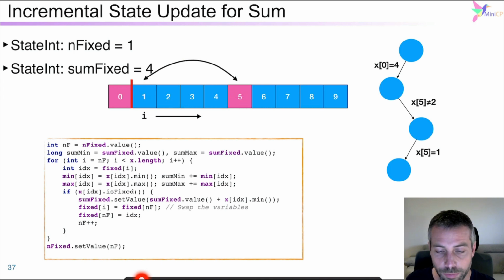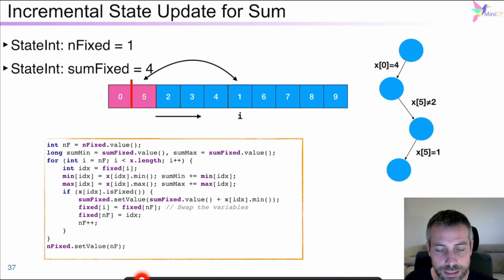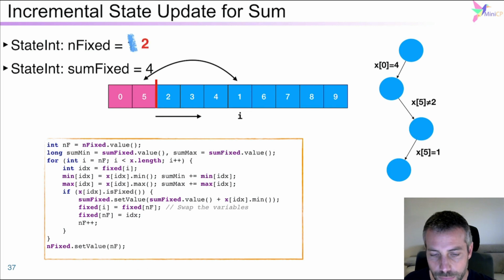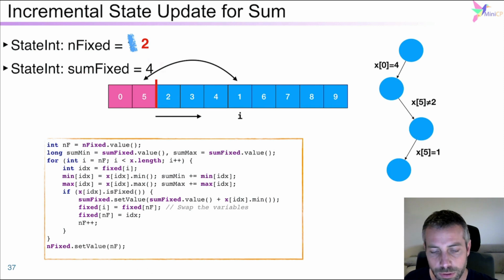So we will make a swap of the two indices. We can do that in constant time. And then we simply increment the number of fixed variables to make sure that this one will now be considered in the set of fixed variables, but that will be fine. So we do this, we realize that it's fixed, we do the exchange, we do the swap, we increase the number of fixed by 1, and now 5 is part of the set of fixed variables. And of course, I also update here my sum of fixed, which is now 4 plus 1, and it will become 5.